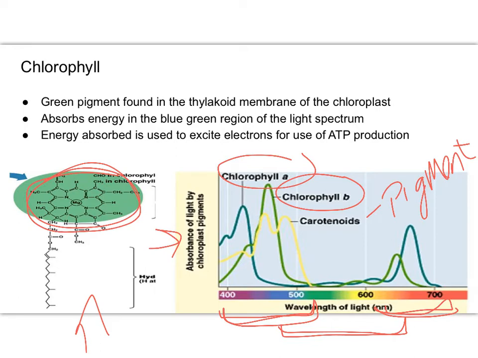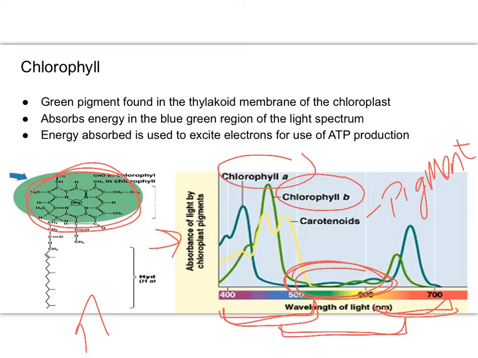And if you think back, remember we see the light that is reflected back to us. So that means all this light that's down low right here did not get absorbed. Well, if it didn't get absorbed, because its absorbance level is really, really low, then it had to get bounced back to us. And you'll see the colors that are getting bounced back to us are those greens and yellows. So that's why plants look mostly green.